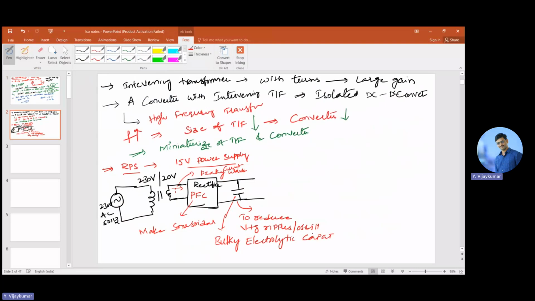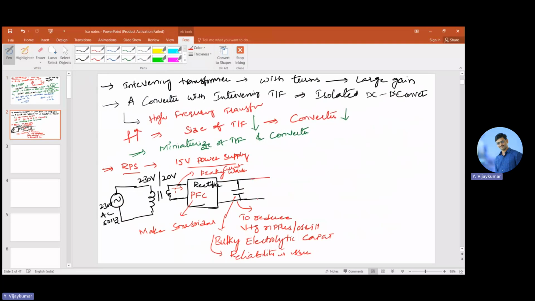Because of this bulky capacitor, there is an issue of reliability. Reliability is an issue with the capacitor that we are using here.